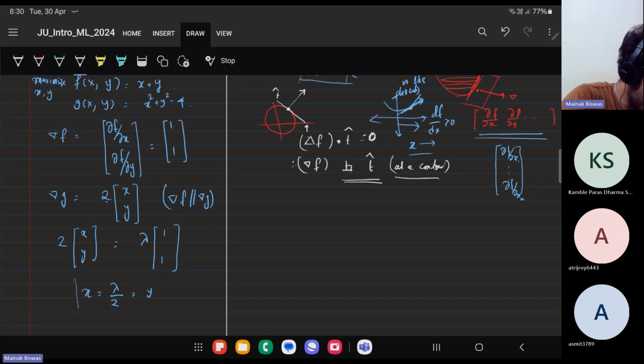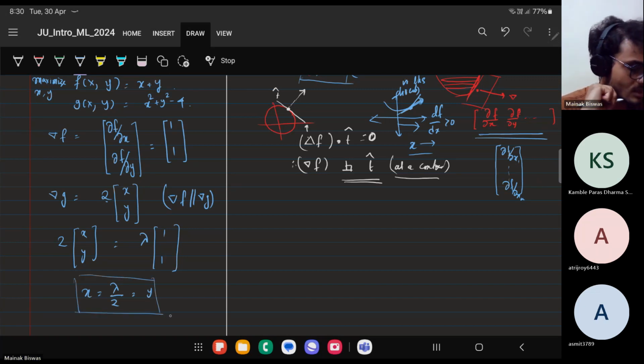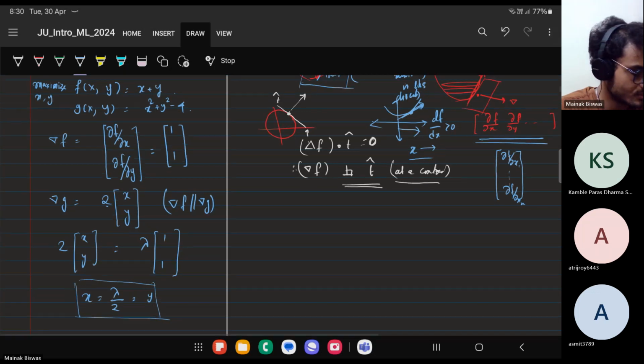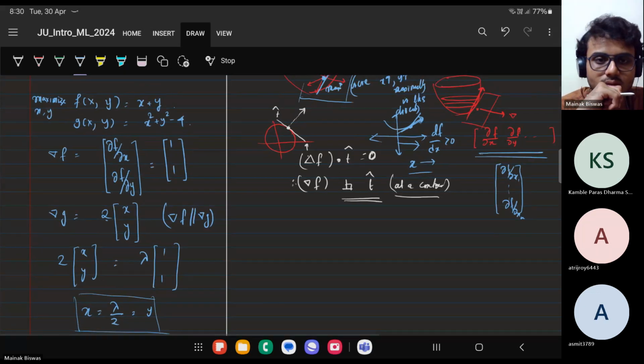Now, how will I get the value of lambda? If I get the value of lambda, I'll be able to do it. Yes or no? So how will I get the value of lambda?